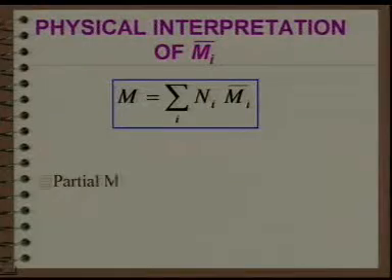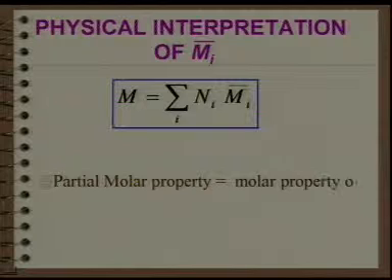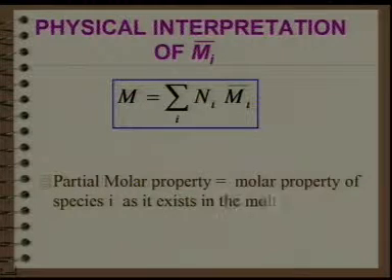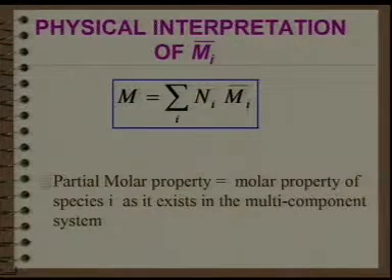What can we visualize this as? It is similar to a property of a pure substance. It is some pseudo property, isn't it? It is some kind of a property of, we say, species i, as it is actually existing in the multi-component system, not as it is when it is pure. So, we say it is the molar property of species i as it exists in the multi-component system.